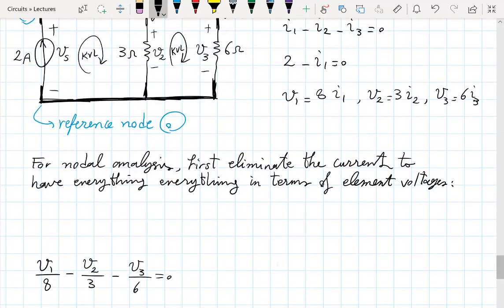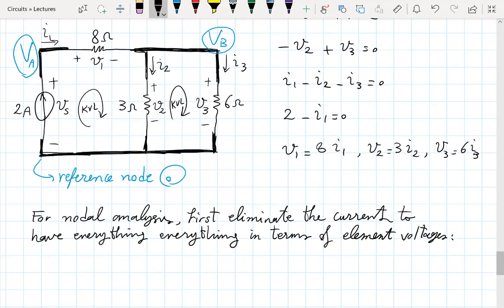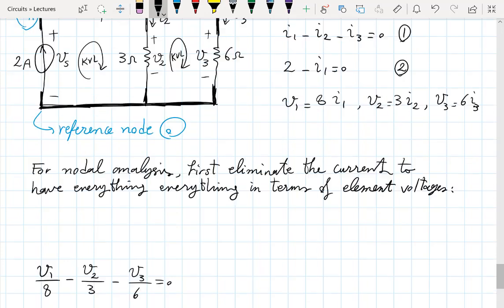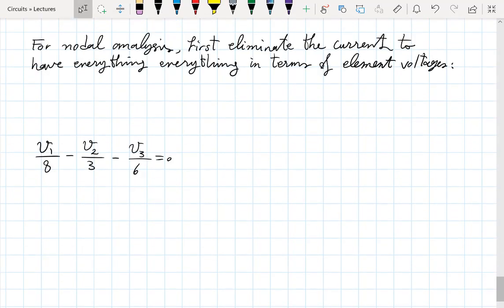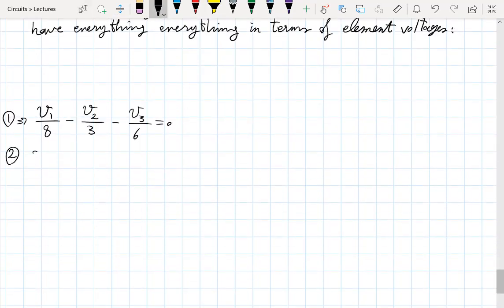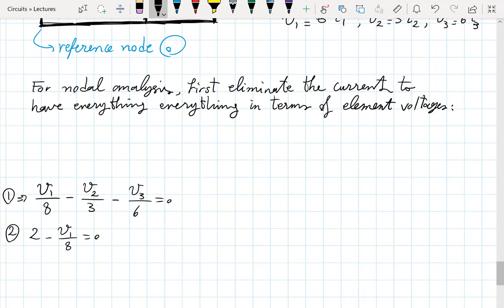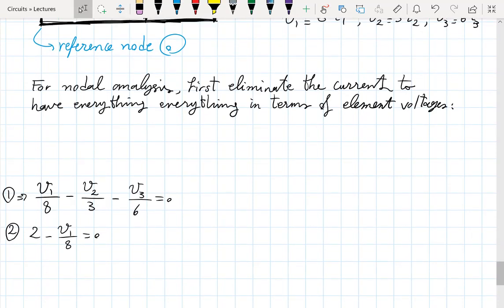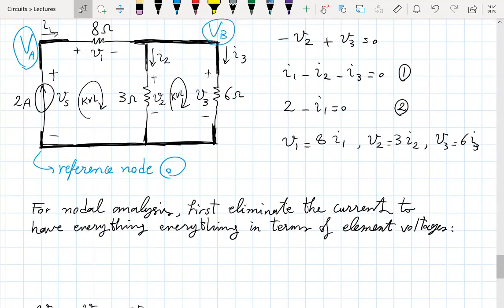So that's that KCL there. And the other KCL is simply 2 minus I1 equals 0. So 2 minus V1 over 8 equals 0. So V1, you really have it directly there. But let's assume this was a more complicated problem, and we'll just continue.